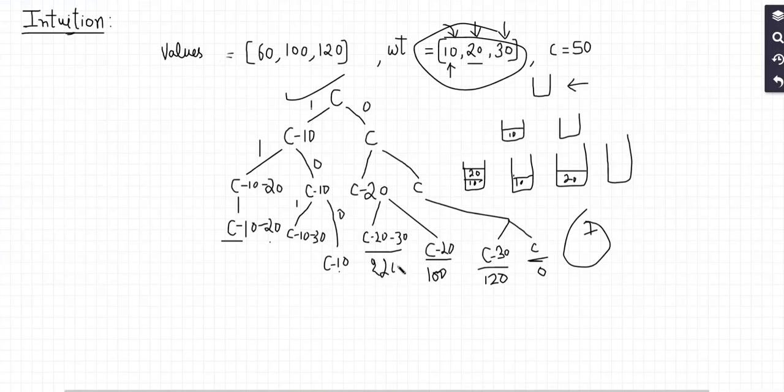And here item number 1 is present, so we have a value of 60, and here item number 1 and item number 3 are present, so the value is 180. And finally we have item number 1 and 2 here, that gives me the value 160.